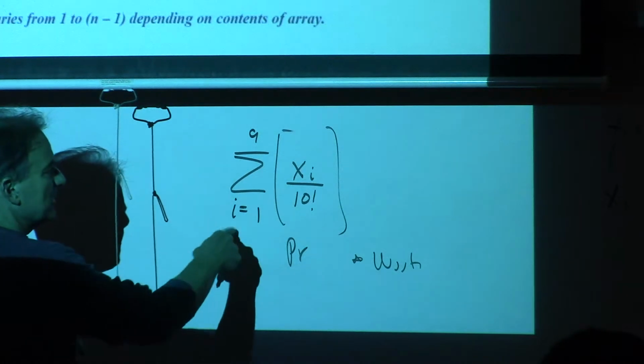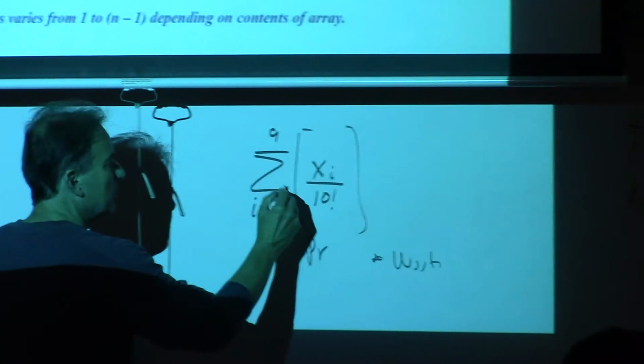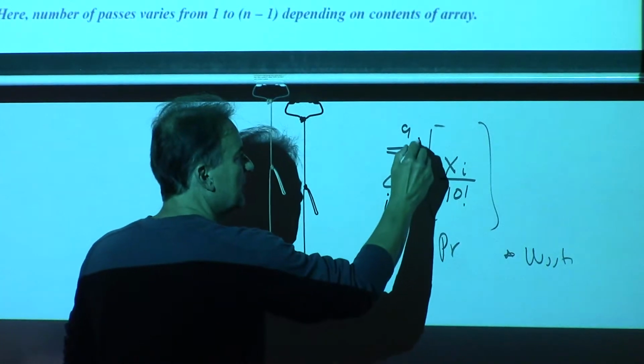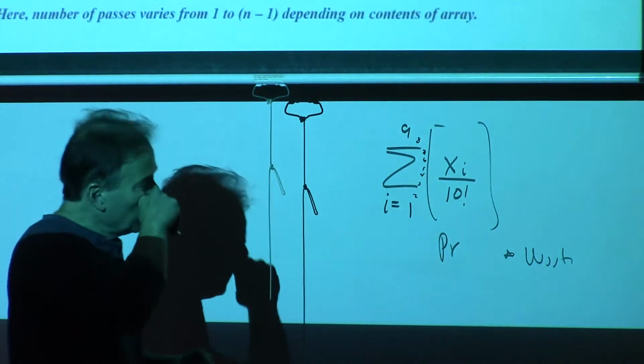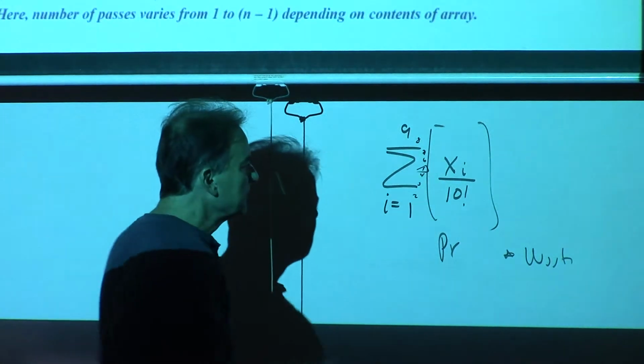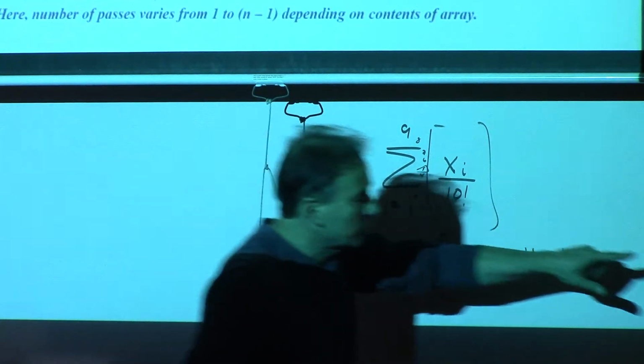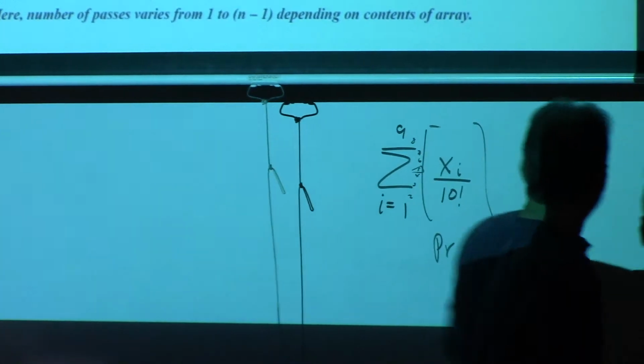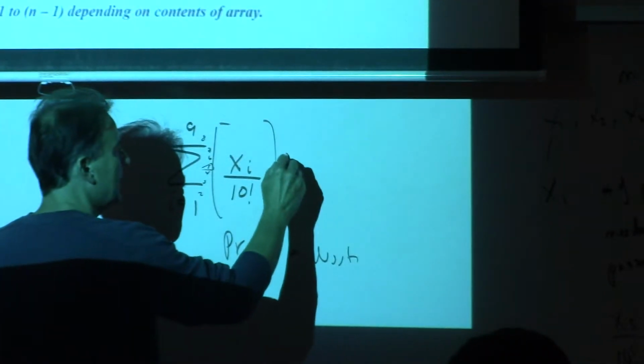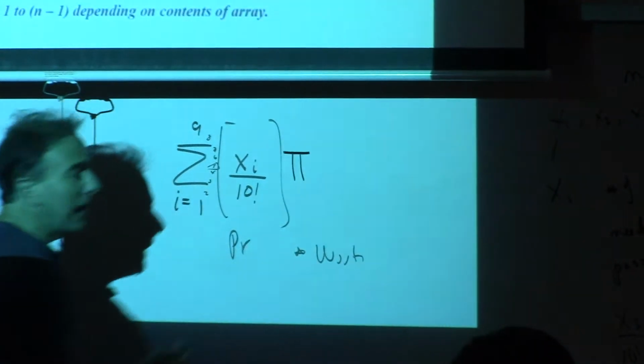Now, if i is equal to 5, so i is going to go 2, 3, 4, 5, 6, 7, 8, 9, right? When i goes to 5, it's going to be x5 over 10 factorial times the product, exactly what we had here. And the product we usually write using the Greek letter pi.